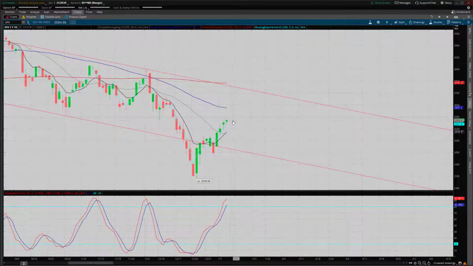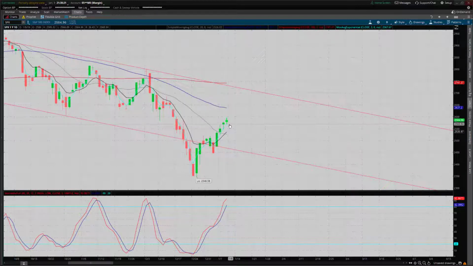Obviously, we need to start seeing some down days, some downward moves. Stop this higher high, higher low pattern. You can see on these daily candles ever since this one here, we've had a high and then a higher low, higher high, higher low, higher high, higher low, higher high.